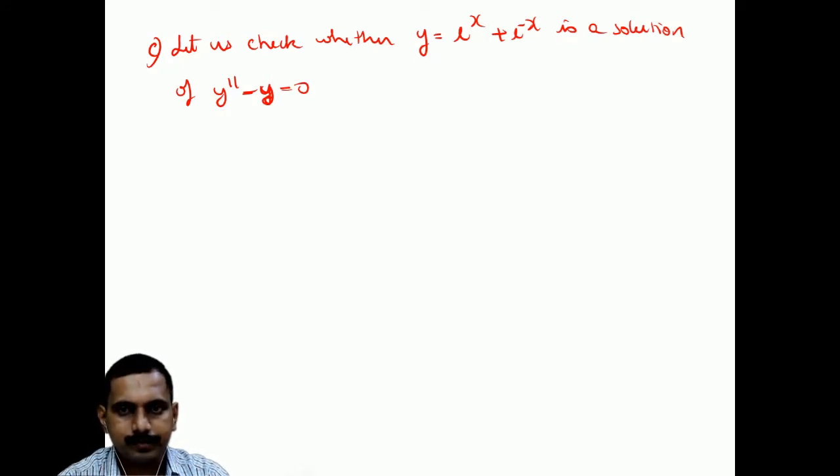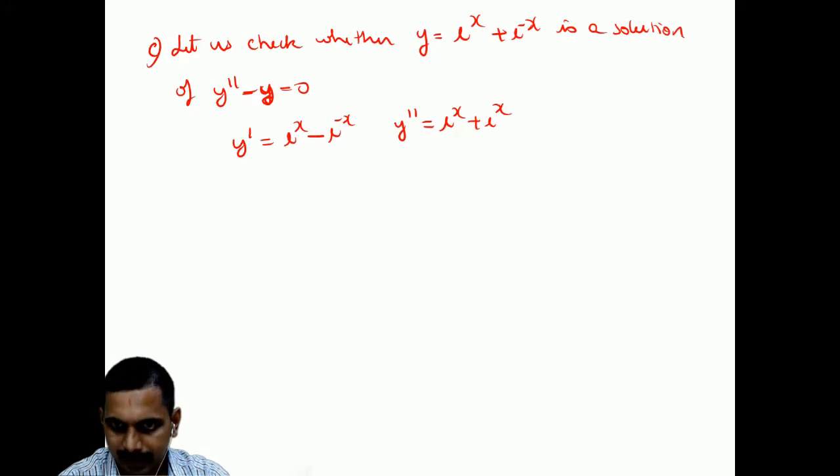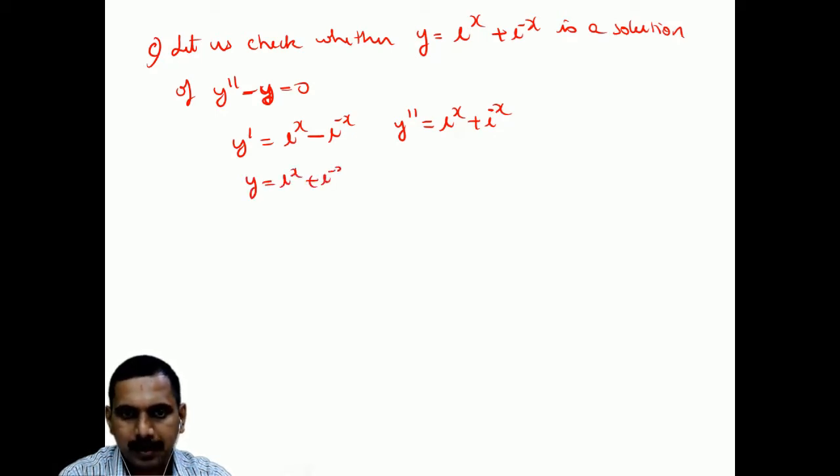So what is y dash? y dash is e power x minus e power minus x. What is y double dash? y double dash is e power x plus e power minus x. Sir, it is a solution. Yes. So this satisfies, okay. So y is equal to e power x plus e power minus x satisfies.